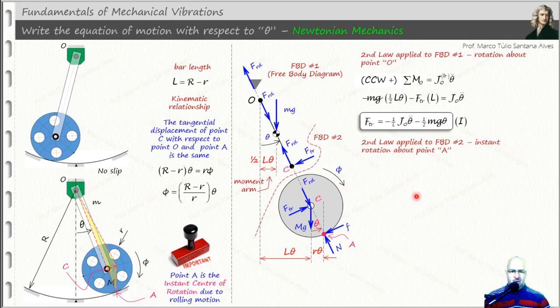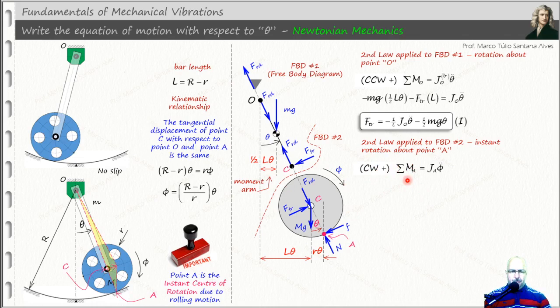In this case, it is an instant rotation about point A, because of the pure rolling motion. Now the reference is counterclockwise positive.